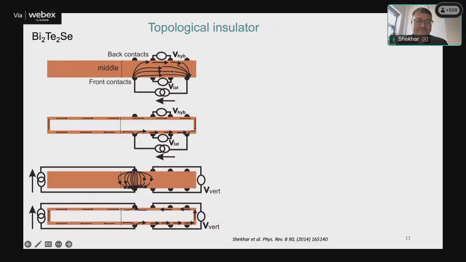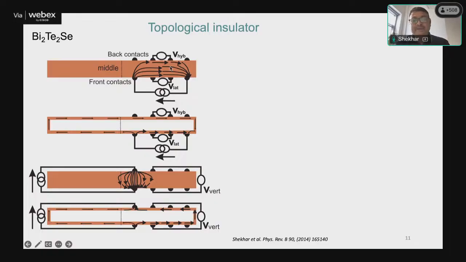Here we can see the first graph. We flow current from one point to another point, but we measure two types of voltage. One is front side, one is back side. This is the back contact of the same piece of material, and one is the front contact. We call one lateral and the other hybrid.